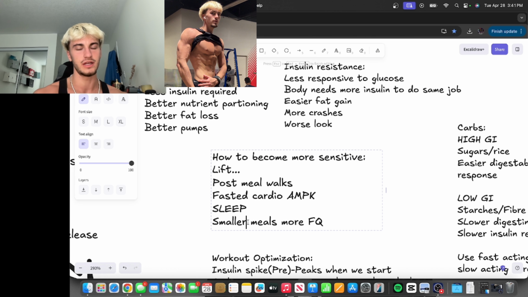The reason we want to be sensitive to insulin is because we use less to do more, right? Better nutrient partitioning, better fat loss, better pumps, lower crashes throughout the day. When you're resistant, it means you need more insulin to do the same thing as if you had high insulin sensitivity. More crashes, just like the crumble example.